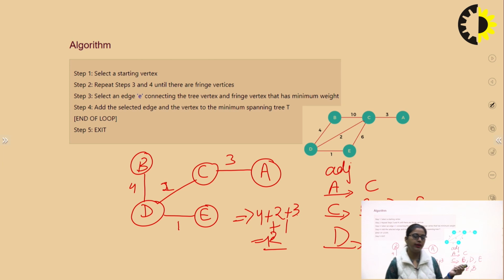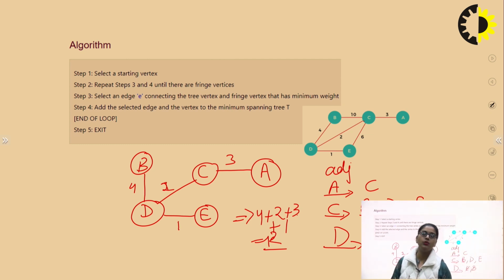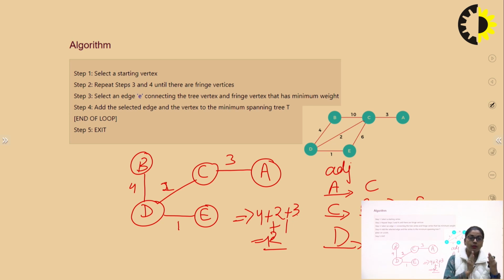As I have already discussed, a graph can have more than one spanning tree, but there is only one minimum cost spanning tree. So Prim and Kruskal are both used for finding the minimum cost, but both approaches are different.